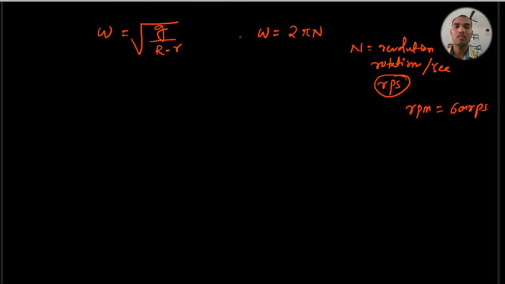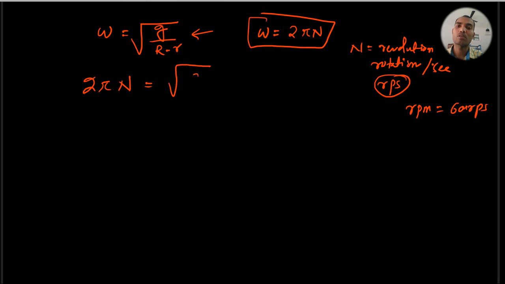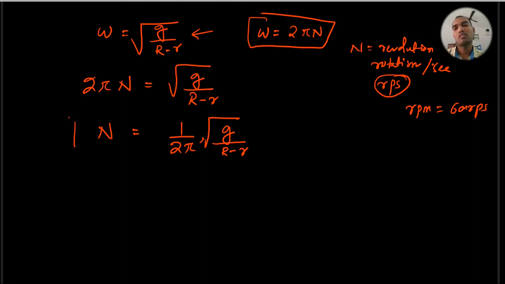So if you replace omega by 2 pi n in this particular equation, it will be 2 into pi into capital N, equal to under root of g by capital R minus small r. So we can write N equal to 1 by 2 pi under root of g by capital R minus small r. So this is the speed.